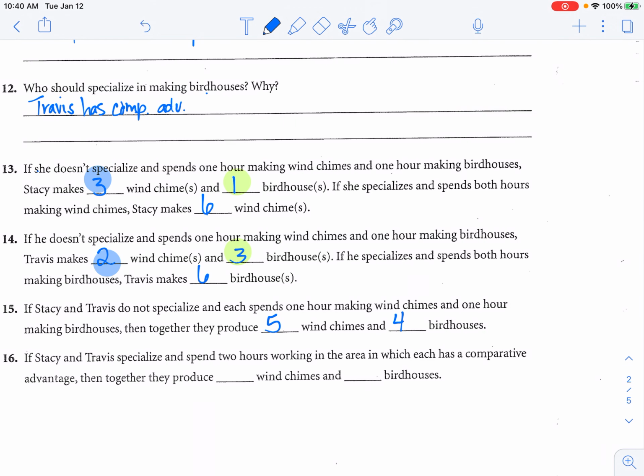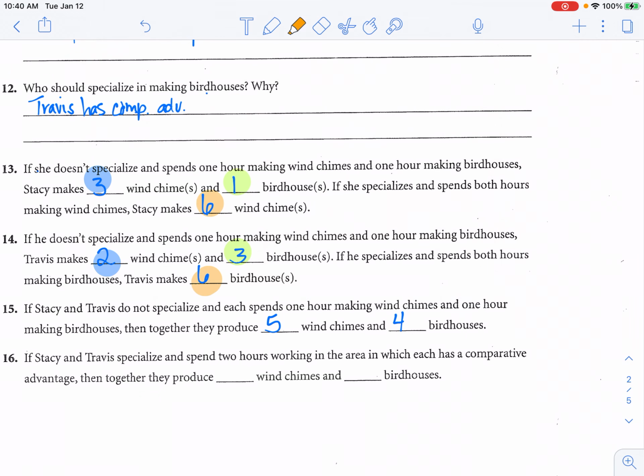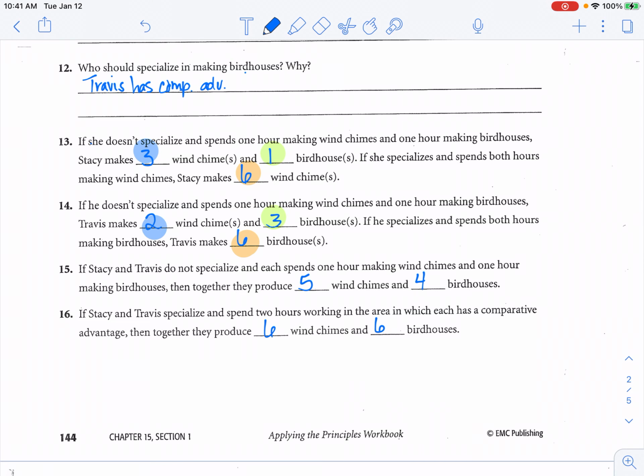But if they specialize and they each spend 2 hours working in the area where they have the comparative advantage, then together you can see they're going to be able to produce more. They're going to be able to produce 6 wind chimes and 6 birdhouses. And that certainly is better than 5 and 4.